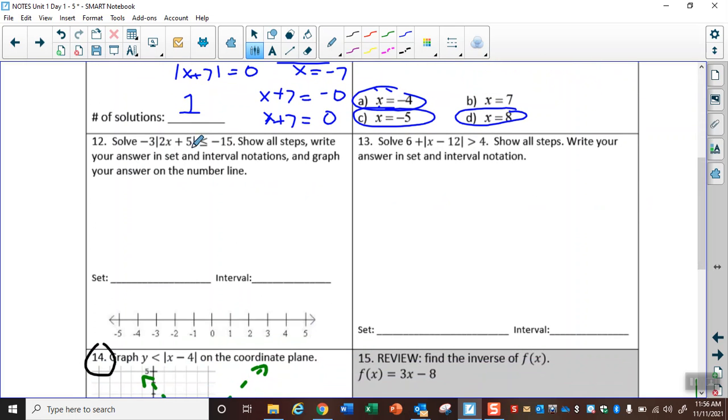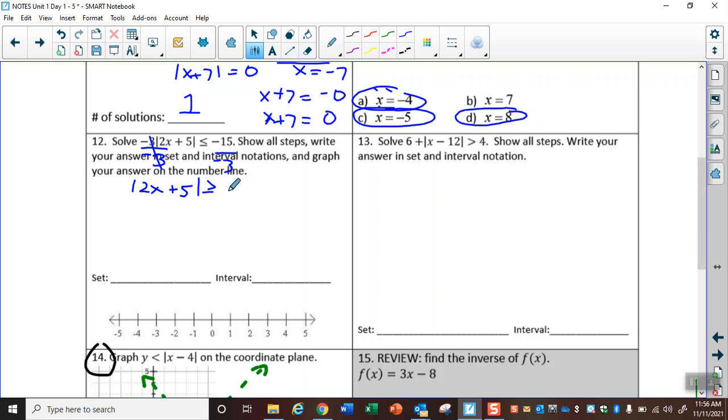And then here, again, we're going to just solve this one. So I'm not going to rewrite it. I'll just go ahead, and it might look messy, but this is what I'm going to do. I'm going to divide both sides by -3. So boom, that goes away. And then I've got the absolute value of 2x plus 5. All that did is get rid of the -3. Now, if I divide by a negative, you got to do the flip, because this is going to be opposite.